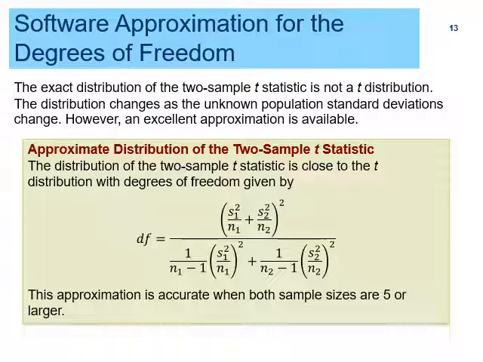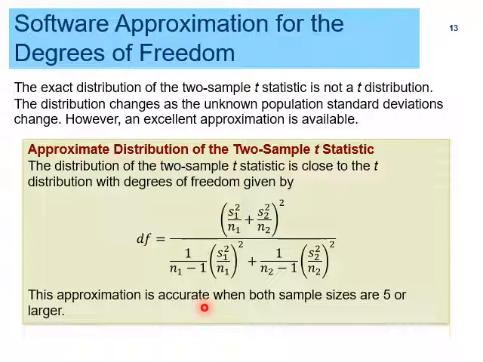Here, the exact distribution of the two sample t statistic is not a t distribution, and the distribution changes as the unknown population standard deviations change. However, an excellent approximation is available. The approximate distribution of the two sample t statistic is close to the t distribution with degrees of freedom given by this complex formula.